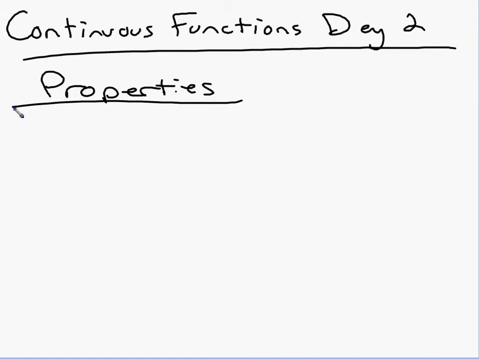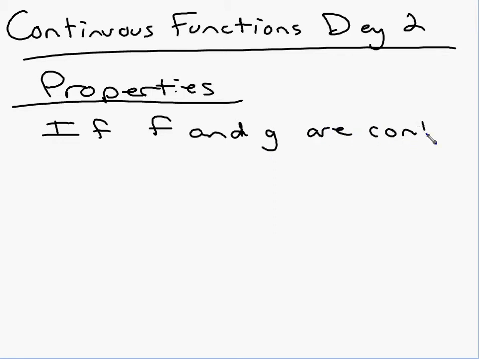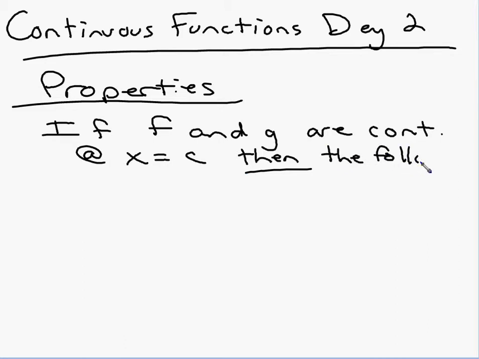What these properties say is that if I have two continuous functions, if f and g are continuous, and we'll just abbreviate here, at x equals c, then the following are also continuous.